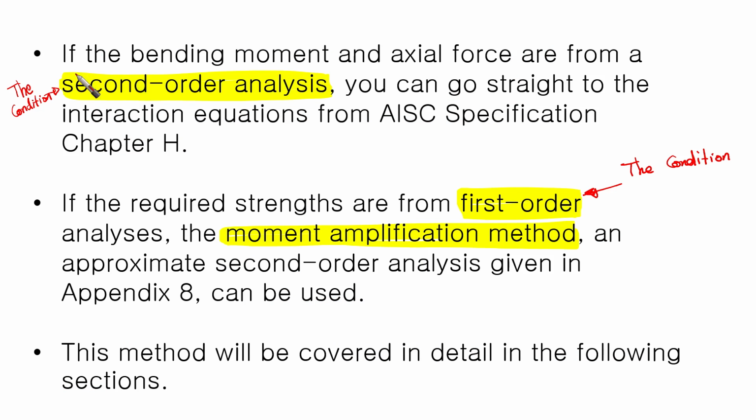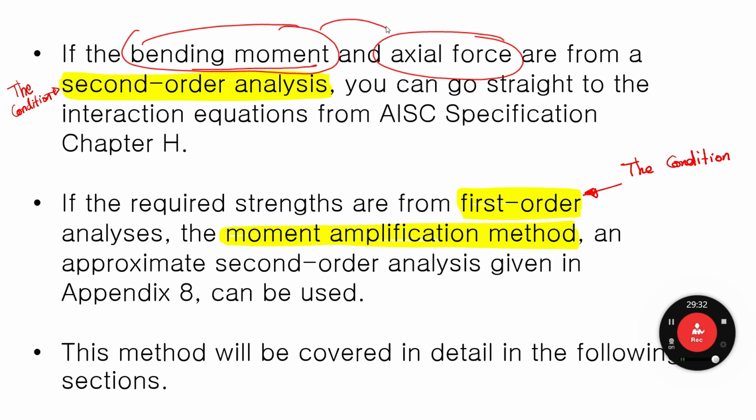If the bending moment and axial force are from a second order analysis, this means that we already have the bending moment and axial forces coming from second order analysis, so there is no need for you to bother yourself.